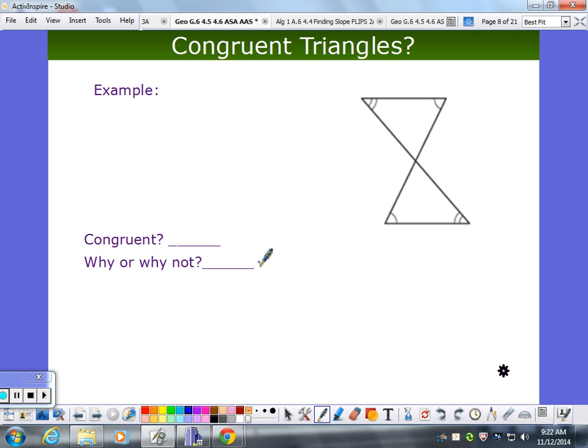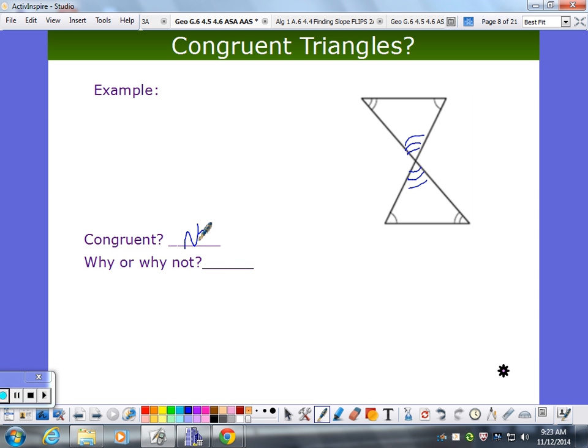What do I got? This is the next example. Joseph, what do you think? First of all, I have to mark my verticals because it should be automatic. I see vertical angles, I'm marking them. Do I see anything about sides here that I can figure out? I don't see it. They didn't tell me anything about sides. So all I've got are angle, angle, angle. So tell me, Joseph, can I conclude they are congruent?